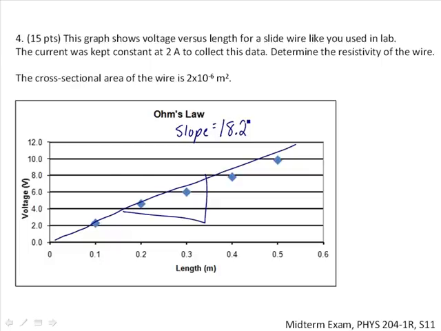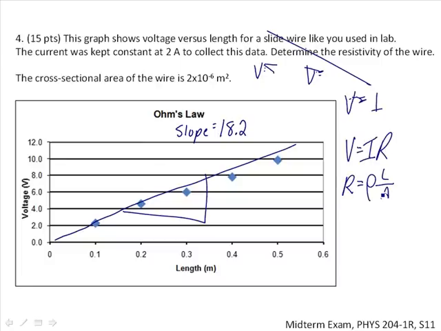Now, I know that V is equal to IR, and R is equal to rho L over A. I want an expression that has V on the left side by itself and L on the right side.